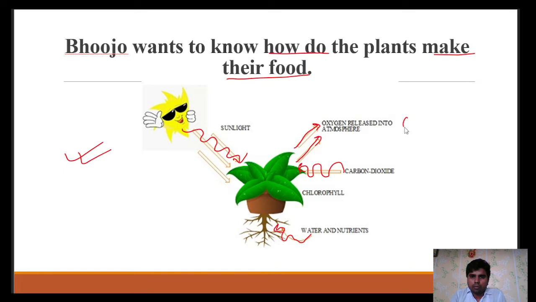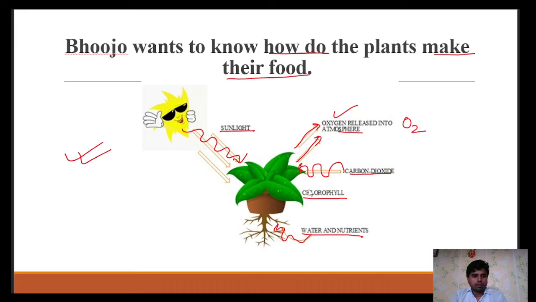So what are the things that the plant requires? Sunlight, carbon dioxide, chlorophyll, water and nutrients. And what is released from the plant? That is, oxygen is released into the atmosphere.